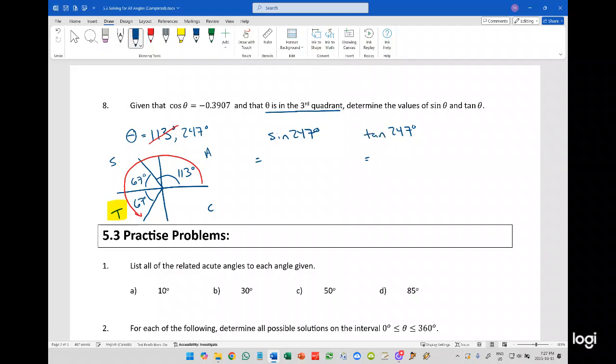Sine and tan. So I'm expecting a negative answer for my sine and a positive answer for my tan. So we'll try sine of 247, and that gives us negative 0.9205. As again, we suspected it would be negative. And the tan of 247, which is expected to be positive and is, it's 2.3558, or 2.3559, I guess, rounding off properly.